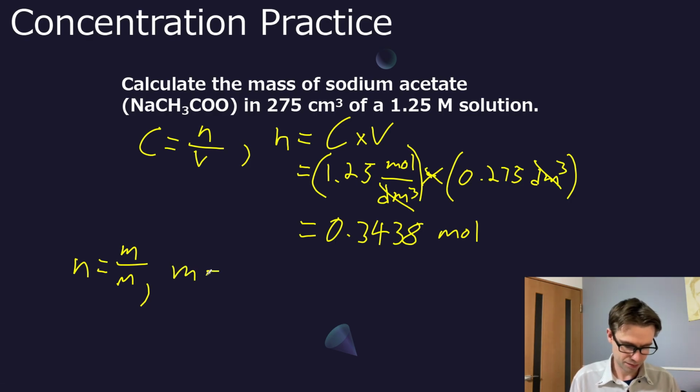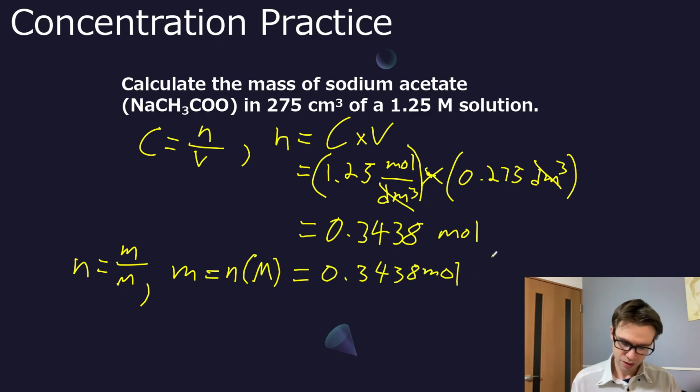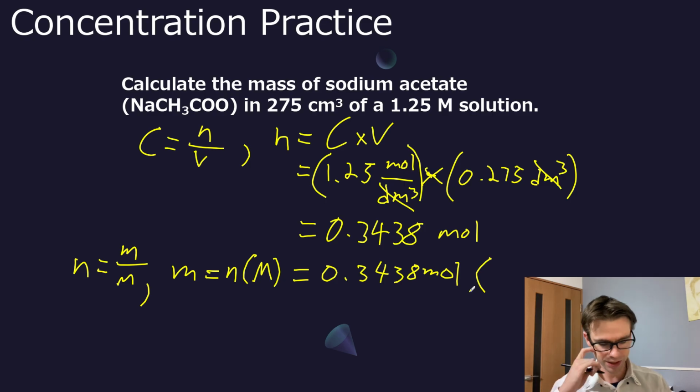So the mass is the number of moles times the molar mass, like this. So I can use the moles I just calculated above, 0.3438, and multiply by the molar mass. This molar mass is going to be quite large. It's a lot of things going on.